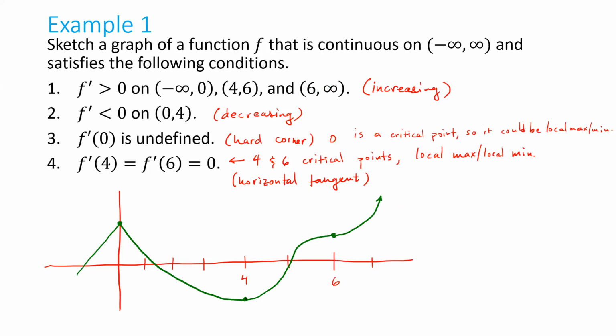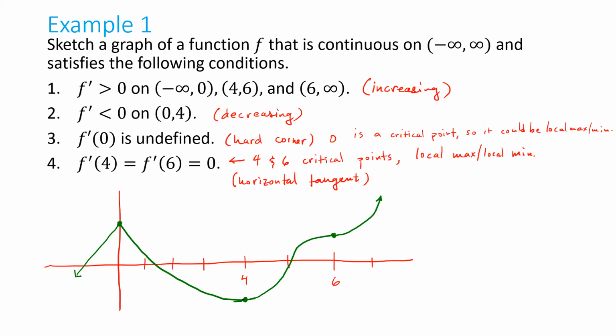Okay. So looking at those key things, that kind of agrees with everything. It's increasing from negative infinity to 0, decreasing from 0 to 4, increasing from 4 to 6, and then it continues to increase from 6 to infinity. We have here a hard corner at 0, so f prime of 0 is undefined. And then at 4 and at 6, we have horizontal tangents.